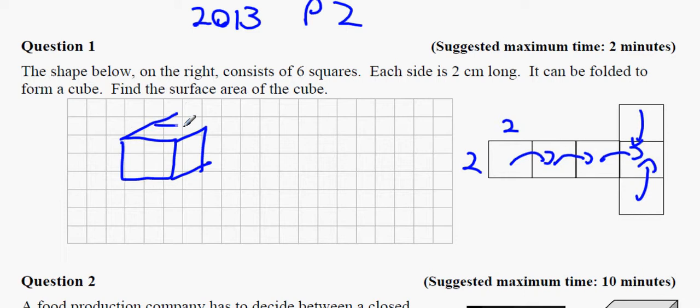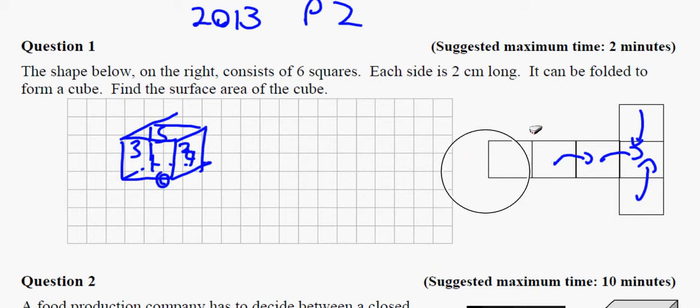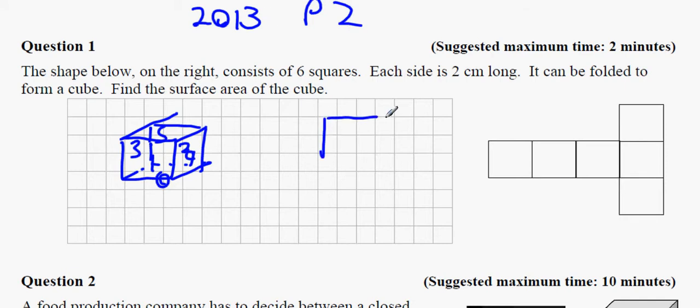We have to find the surface area of the cube. A cube has 6 sides: 1, 2, 3, 4, top and bottom, 5 and 6. So we have to find the area of each square. To get the area of a square, you multiply length by width.